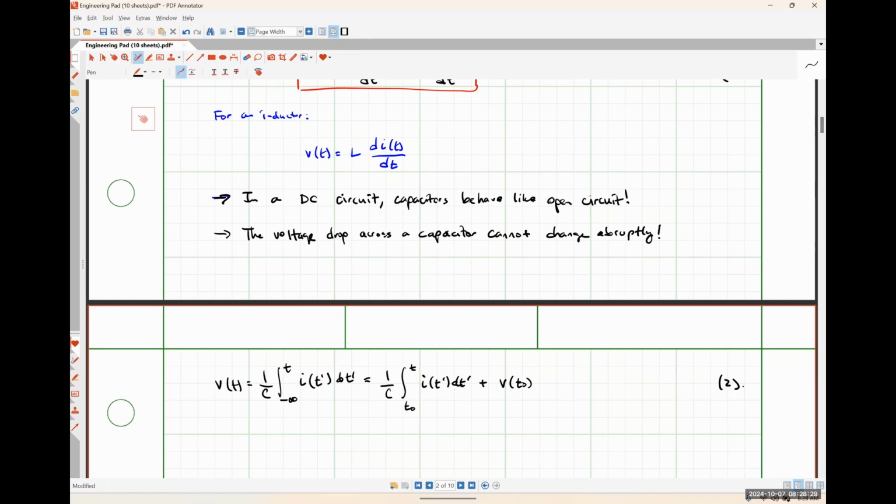So there's our second relationship. Once again, we could get this simply by rearranging our derivative-based relationship and taking the integral of both sides.